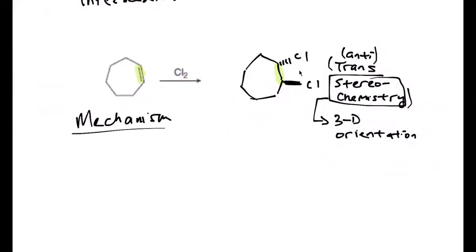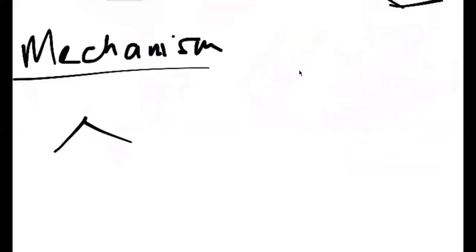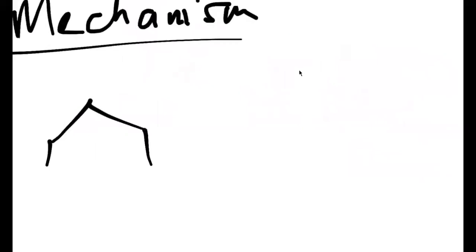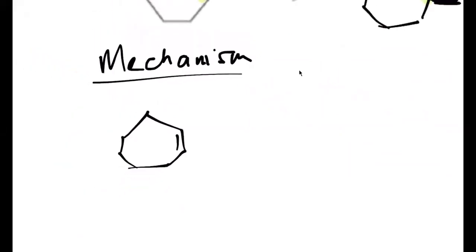And remember, in all of these mechanisms, the alkene is the nucleophile. So the first arrow that you draw in any of these mechanisms is going to be from the alkene to something. So that's my 7-member ring. Yes, it's ugly. It's Halloween though. It can be ugly.